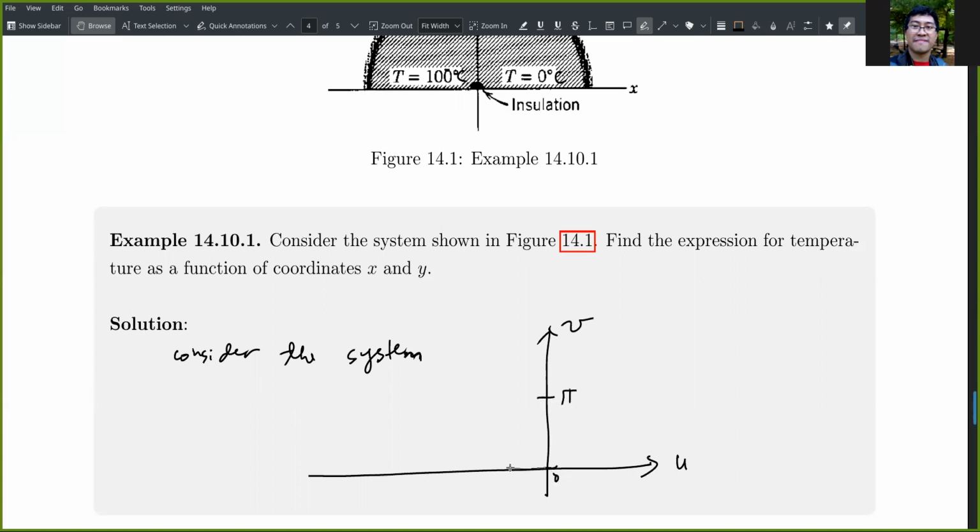At 0, we place our rectangle slab up to some value of u, and then we insulate. We put an insulator here. This is an insulating material, and then the material slab is only up to v equals pi, and then here there's another insulator.